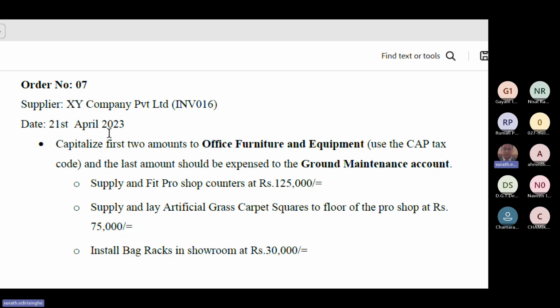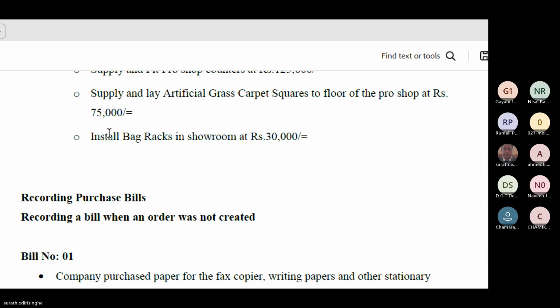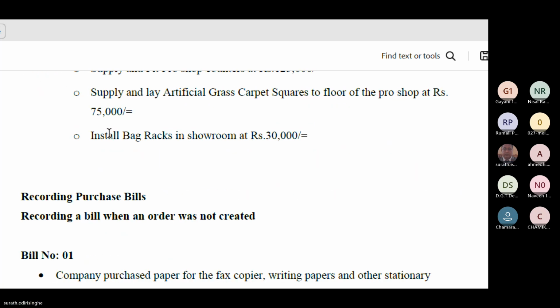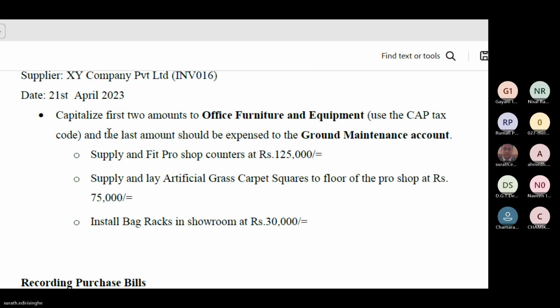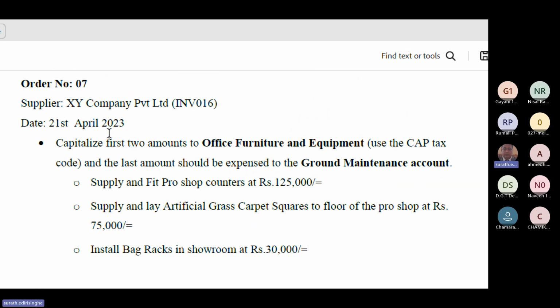Step number 3: GRN these 3 items. Next, bill payment, within brackets, full payment or part payment, full or percentage payment.